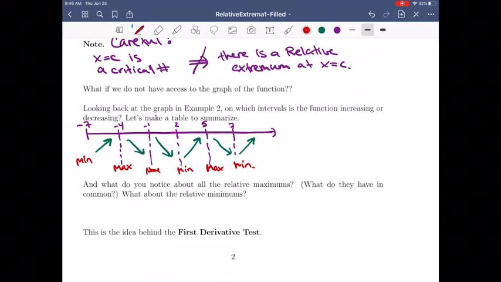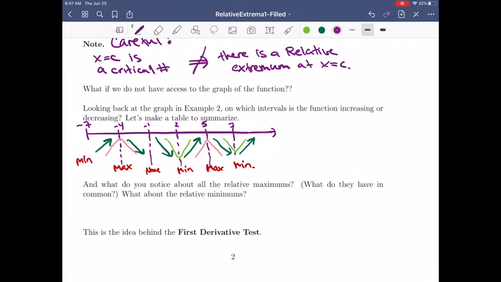Notice that when we got a maximum, as we go from left to right, the function increased and then decreased, at -4 and at 5. If we got a minimum, the function decreased and then increased, every time we got a minimum, except the endpoint, which is a little bit different. So we can summarize this.